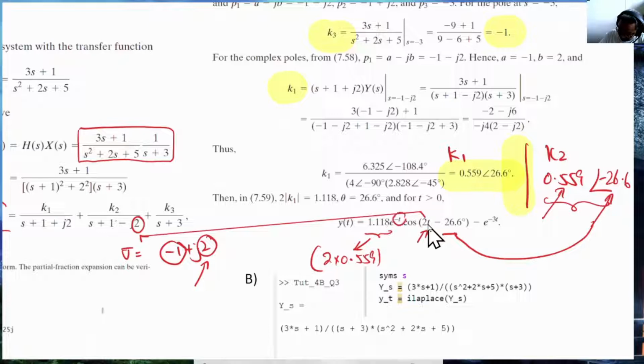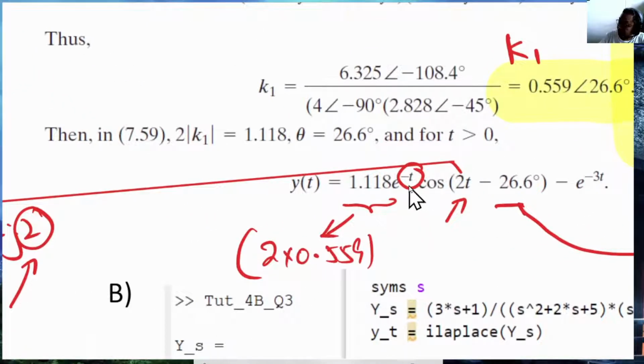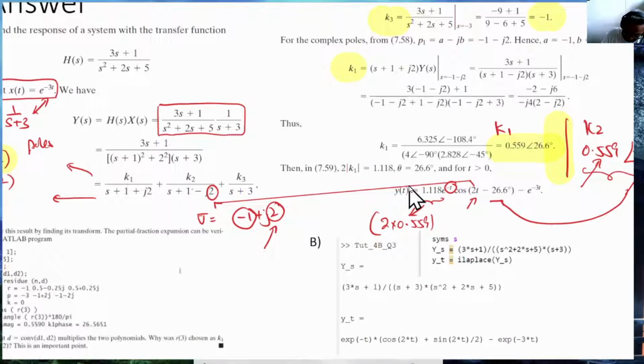It is here, the minus 1 over here. So these are the 4 values that we need to extract from the complex conjugate pair, which is k1, that is a magnitude and a phase, k2 and magnitude and phase, as well as the sigma and the omega. These 4 values are the important values.